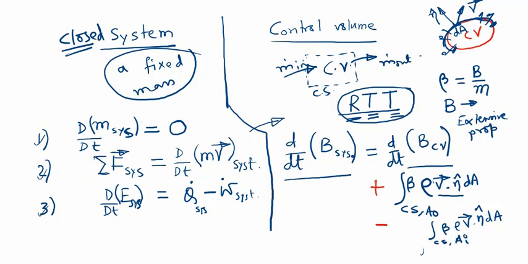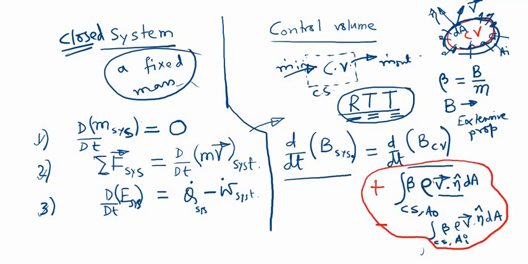Suppose AI is the area through which it is coming in, and if you add all this area, it is basically AI. So this is the control surface through which the fluid is coming into the system. This is the extra term that is to be adjusted if you want to relate the rate in case of a system and the rate of that property change in case of a control volume.